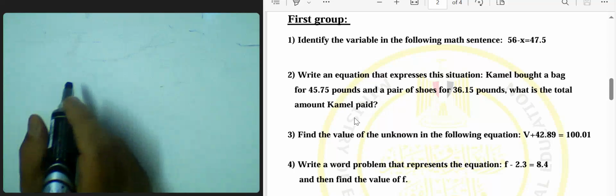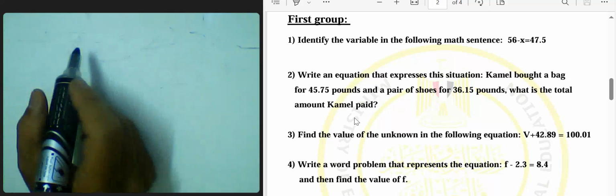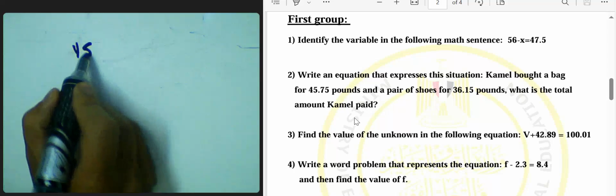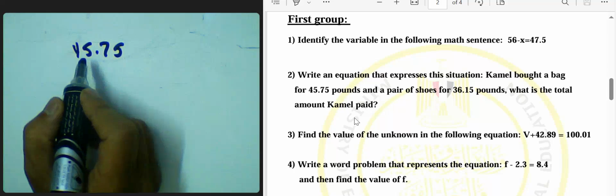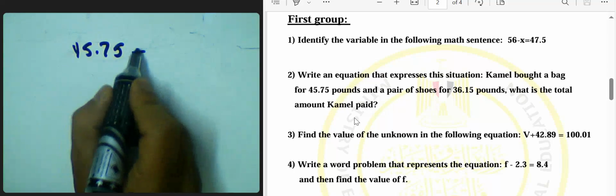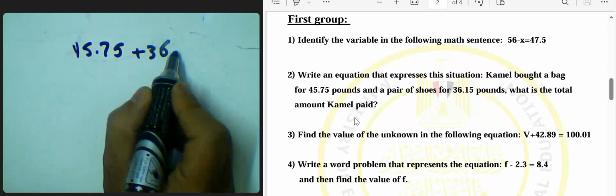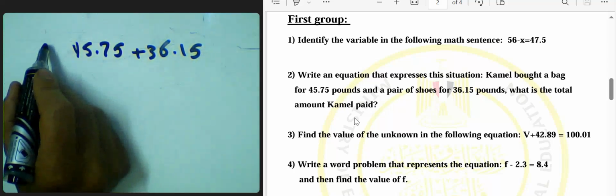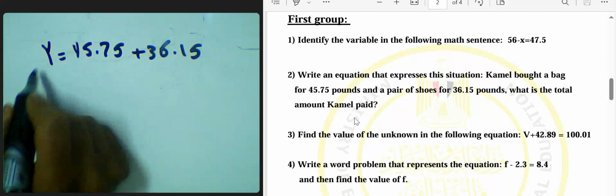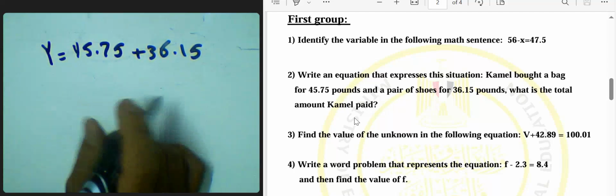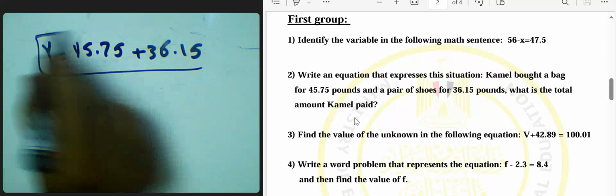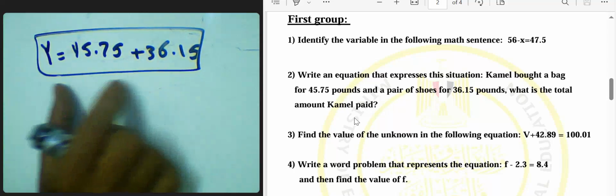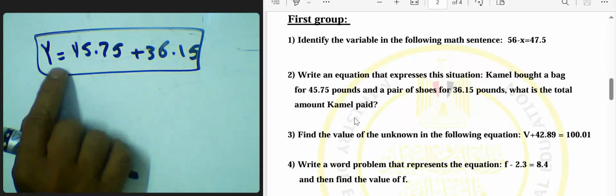We can write here the total y. We have the equation here, so we can write this equation and solve it. It's an equation, okay? Because the equation is equality between two expressions. Write the sign here, equal to.